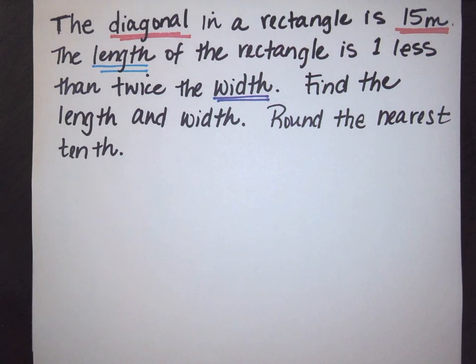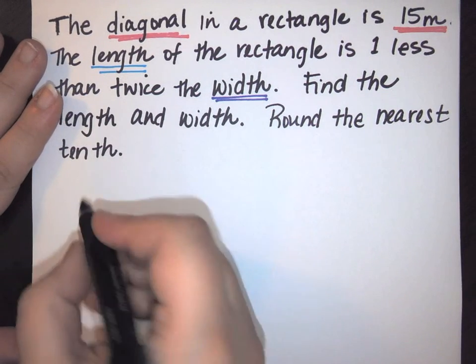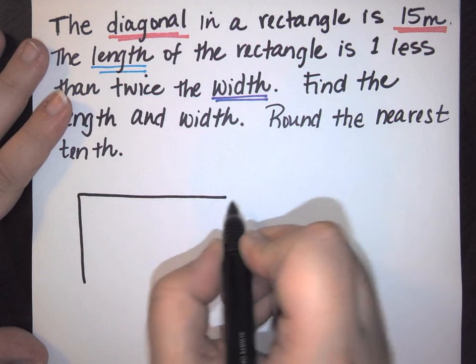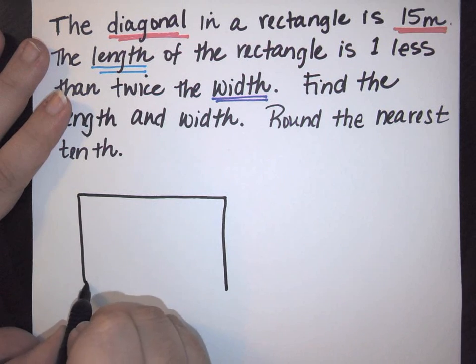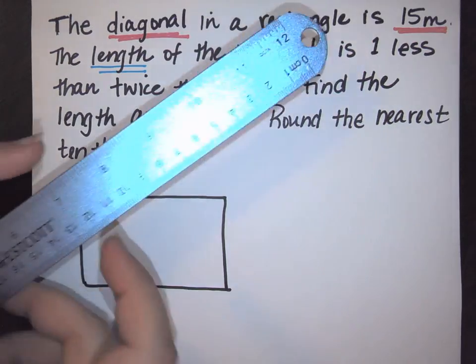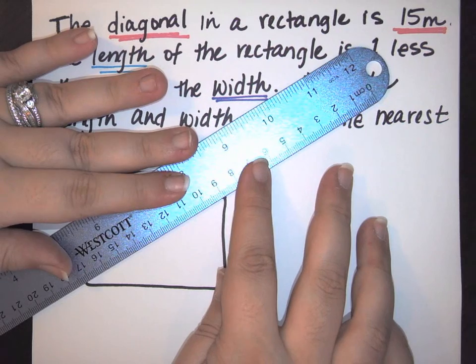And so what we would do is, using that very first sentence, I would go in and draw myself a picture of what is going on. So we know that we have a rectangle. So I would draw yourself a big old rectangle. And then furthermore, we know that we have this diagonal here.